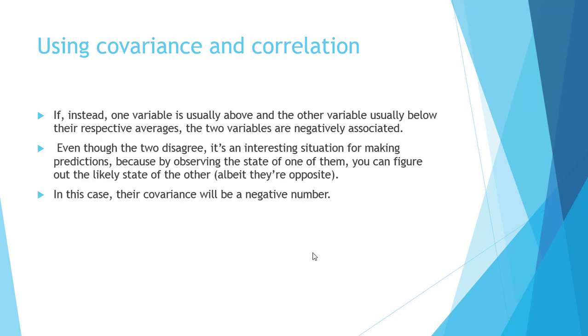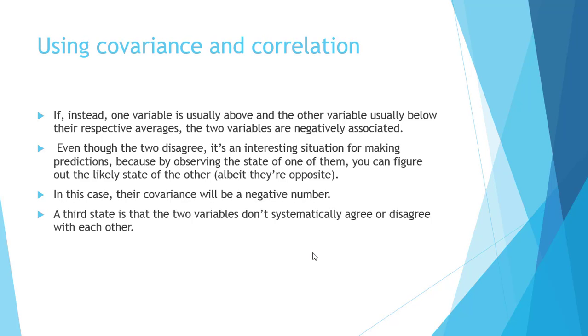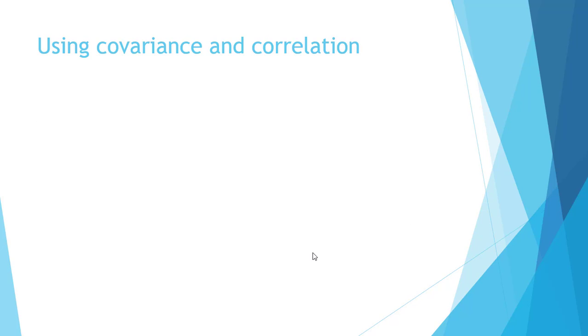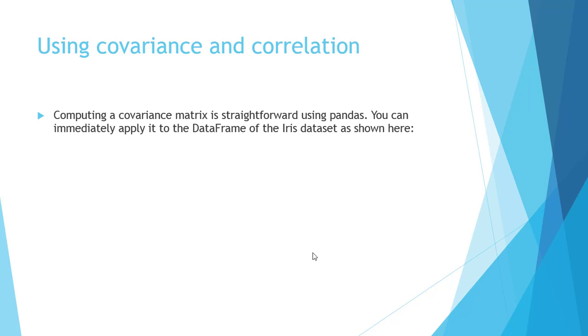In this case, their covariance will be a negative number. A third state is that the two variables don't systematically agree or disagree with each other. In this case, the covariance will tend to be 0, a sign that the variables don't share much and have independent behavior.